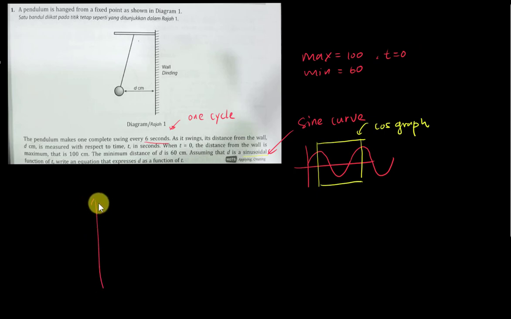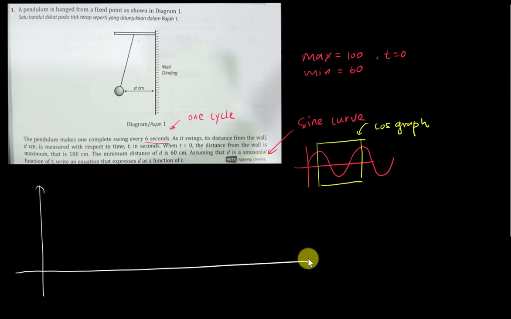So over here I want to record down the graph pattern. But okay, let me just erase this one first, because it should be slightly higher. If I want to record it down, this is what happened. Since we have the maximum and minimum, I will assume my maximum will be 100, not 80, and my minimum will be 60.